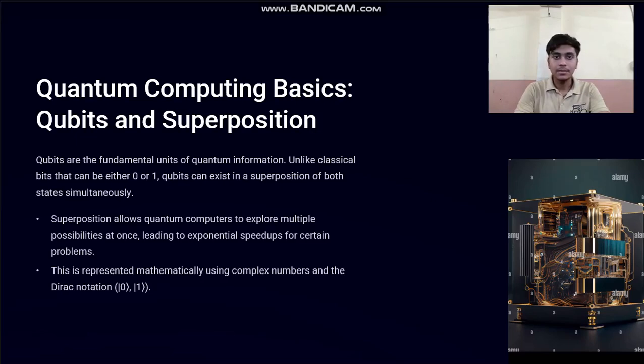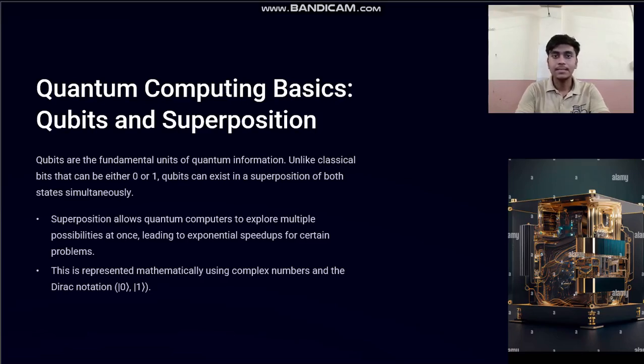That means a qubit can be 0, 1, or any combination of both, all simultaneously. This is what gives quantum computers their extraordinary power. They can explore multiple computational paths at the same time, something impossible for classical systems.